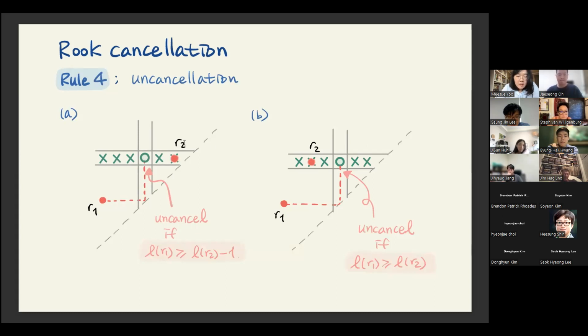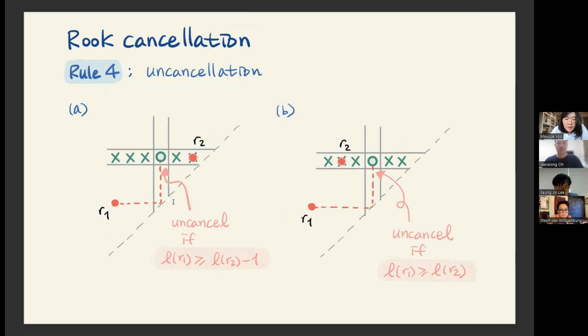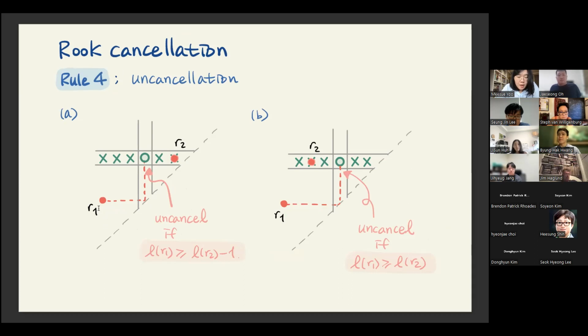Say these are two rooks contained in different linked rooks, and I need to define a concept of length of a rook. So for a rook contained in a linked rook, the length of a rook is going to be the number of rooks which are connected to the left and bottom.